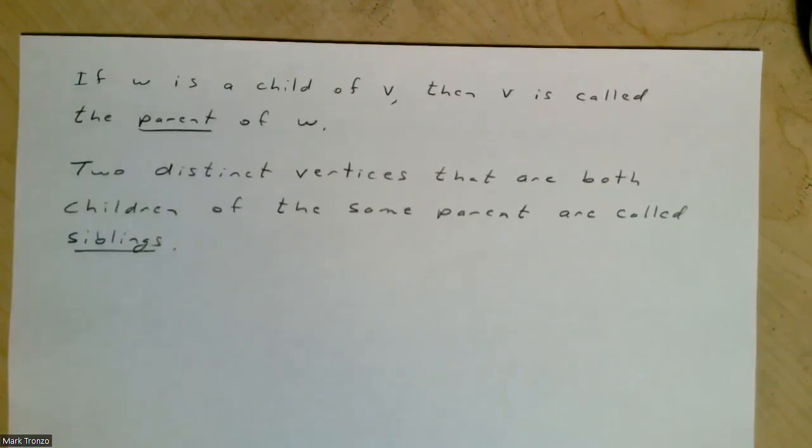Kind of makes sense. So if two distinct vertices are both children of the same parent, they're called siblings.